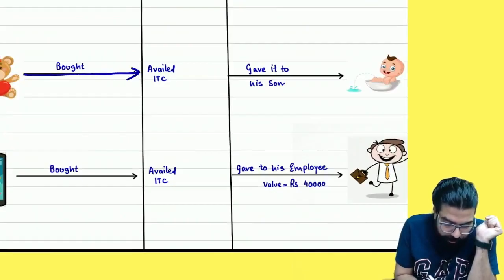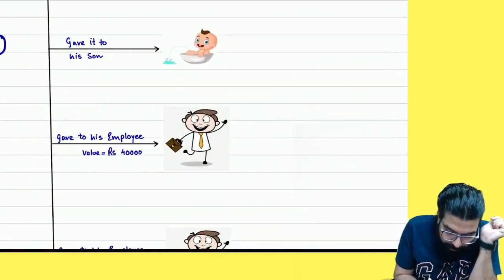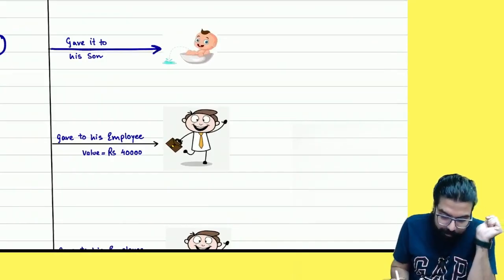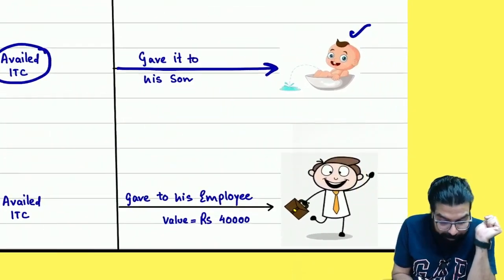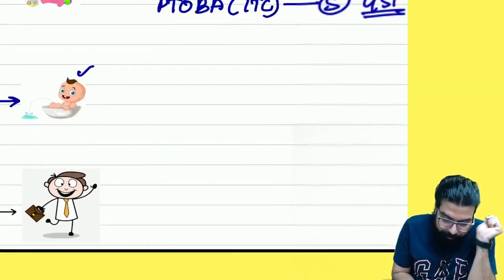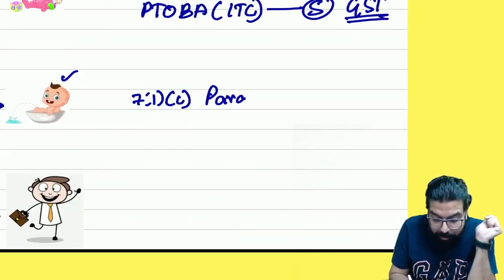I bought toy. Took the ITC. I gave it to my son. Oh, notorious boy. Okay. Now tell me one thing. Is my son my related person? 7(1)(c), Schedule 1 Para 2.